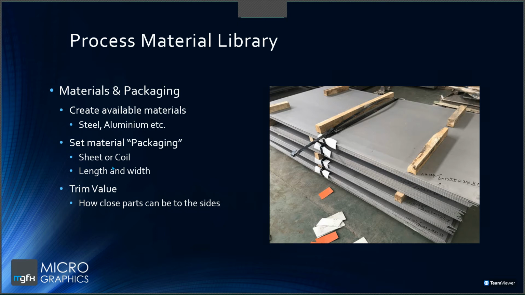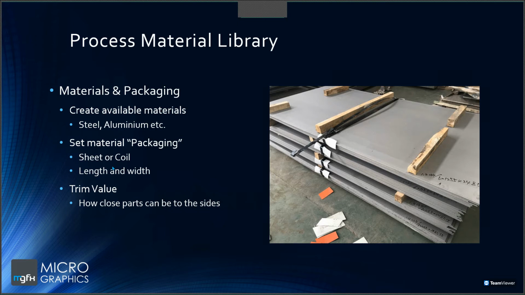So you first create your available materials. I've got there steel, aluminium, etc. Then once you've created your materials, for each material, you would then create your packaging. And the packaging there in inverted commas refers to, are you receiving it in sheet form? Do you receive it in coil? And what is the length and width of the sheet or the coil that you receive?